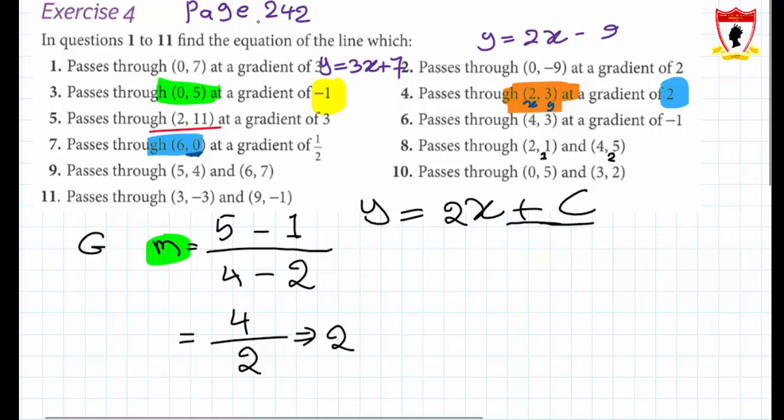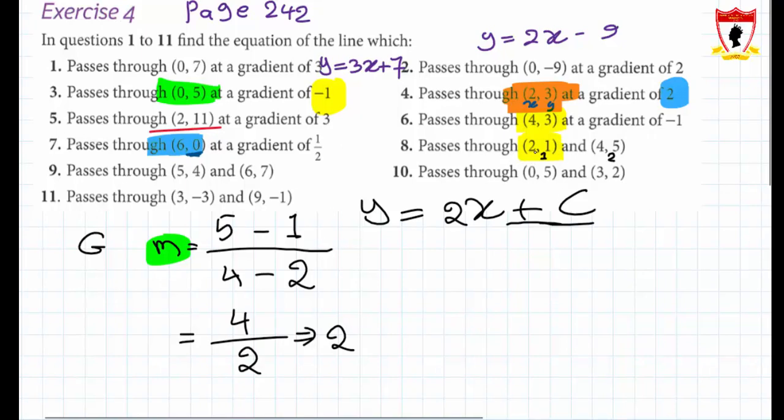To find c, in questions 1 all the way to question 7, we had only one point, and we used the point to find c. In questions 8, 9, 10, 11, and any other question that has the same form, we have 2 points now. We can use any of them to find c. Usually use the easier one, just to save time.